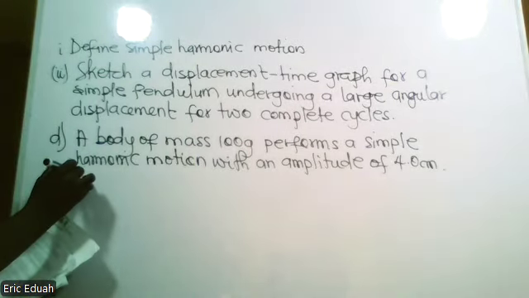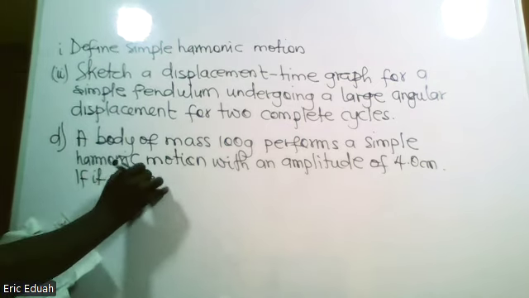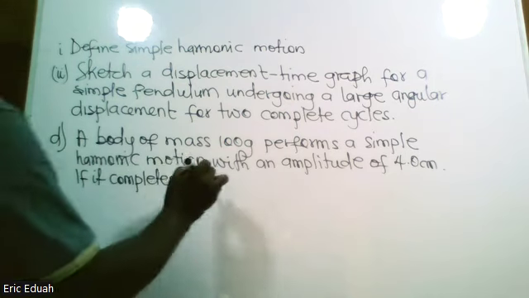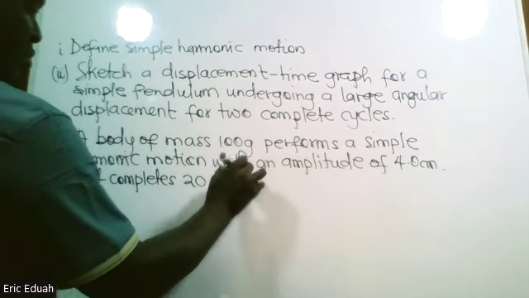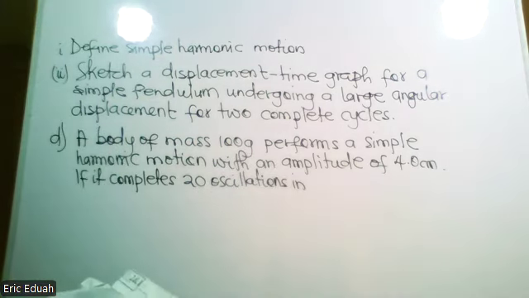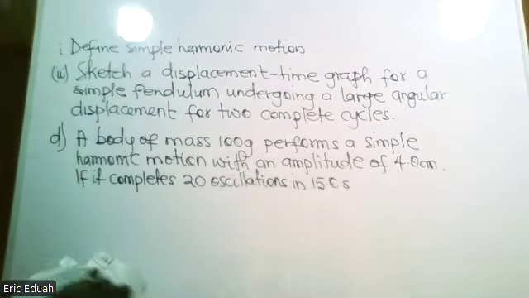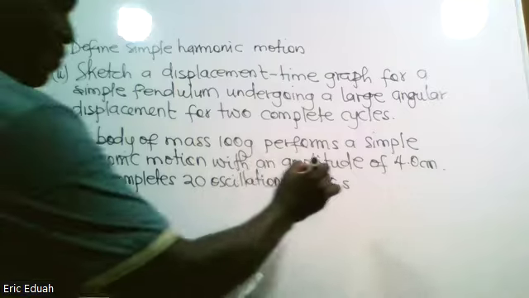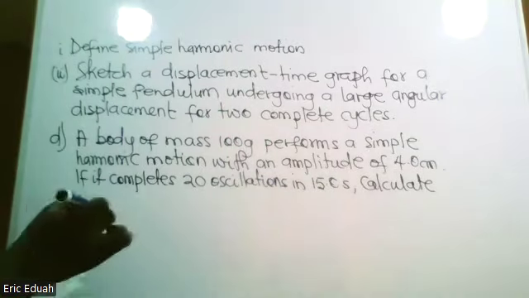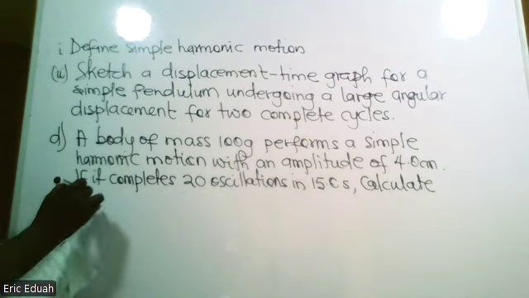If it completes 20 oscillations in 15.0 seconds, calculate I, the minimum velocity attained.